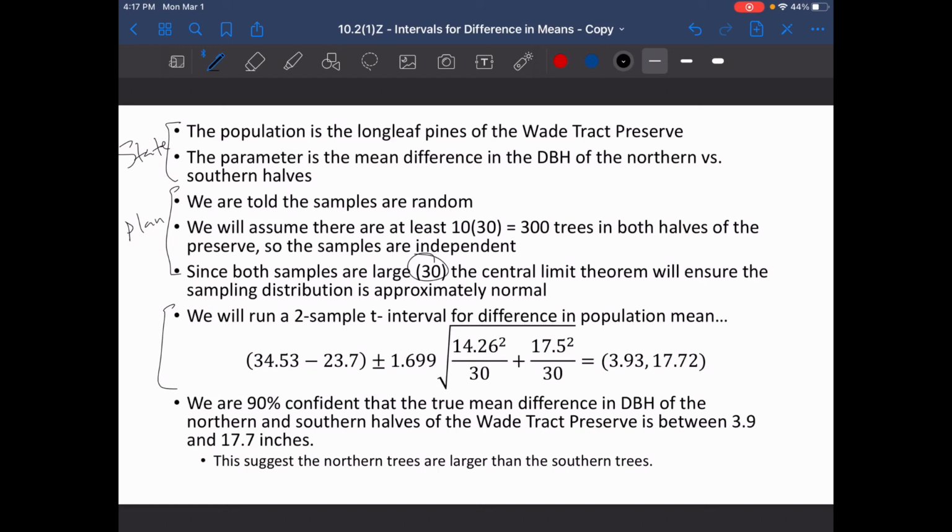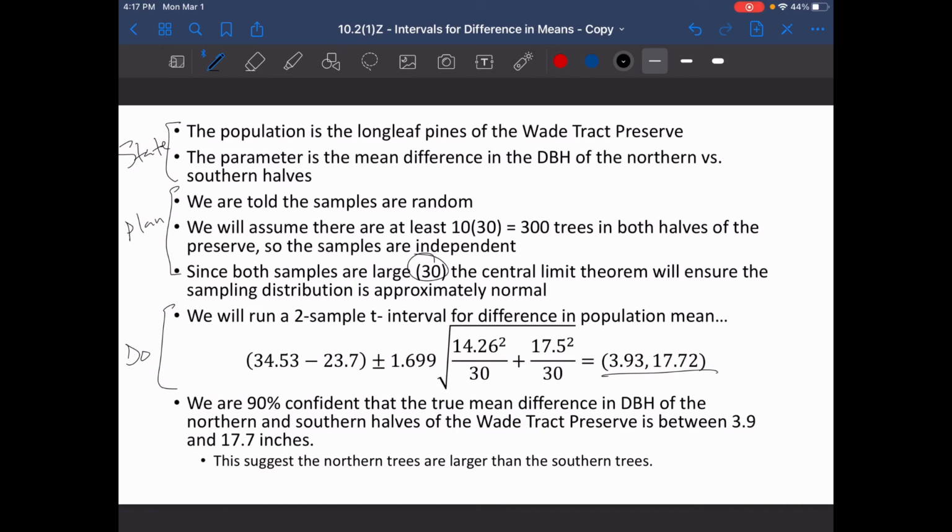From there, we need to complete the do portion. So we need to run a 2-sample t interval, which is what I just showed you how to do, for the difference in population means, which gives us a confidence interval of 3.93 to 17.72. So that's the difference between the two means.